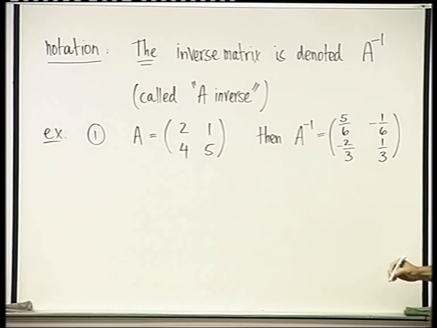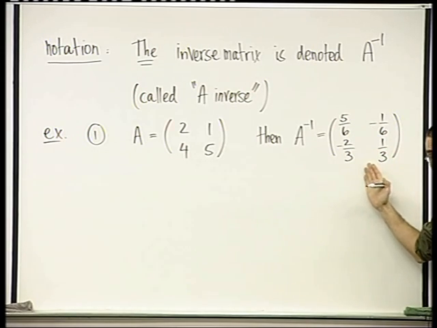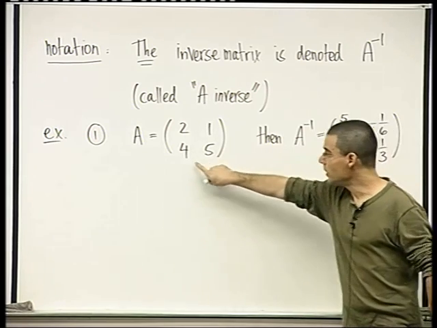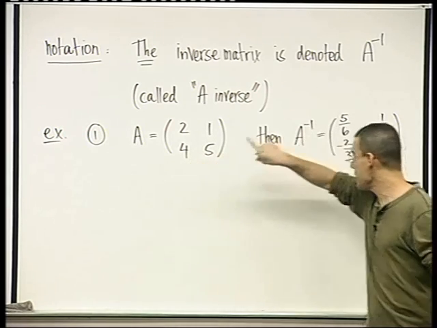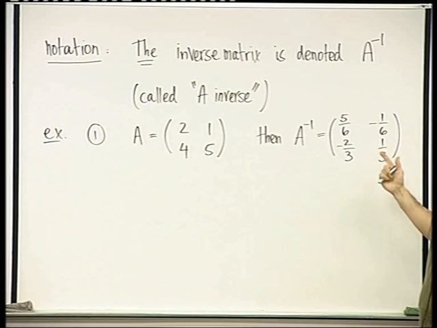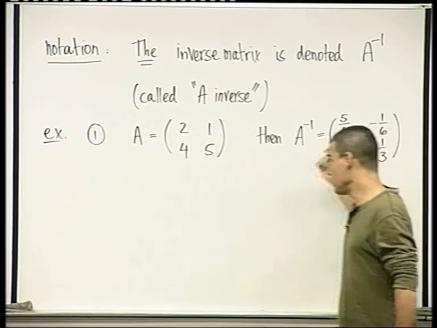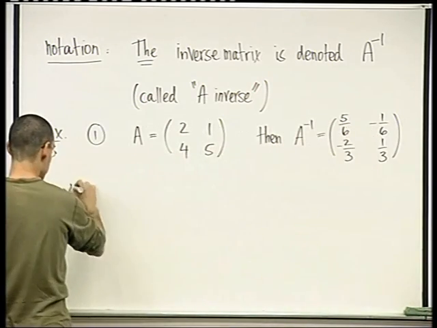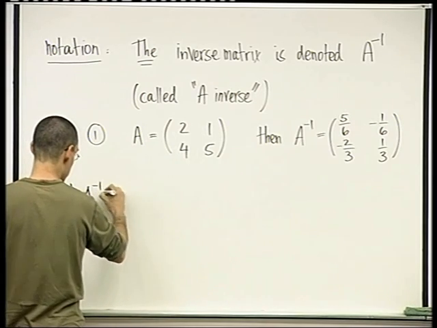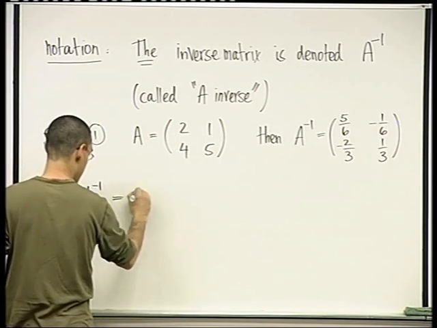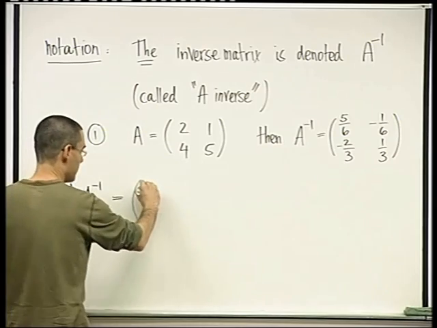This is A inverse. Okay? So what does it mean that this is A inverse? I have to show you that if I take the product of A and A inverse, I get the identity. Let's do it. So A times A inverse. If I claim that this is A inverse, I should get the identity.